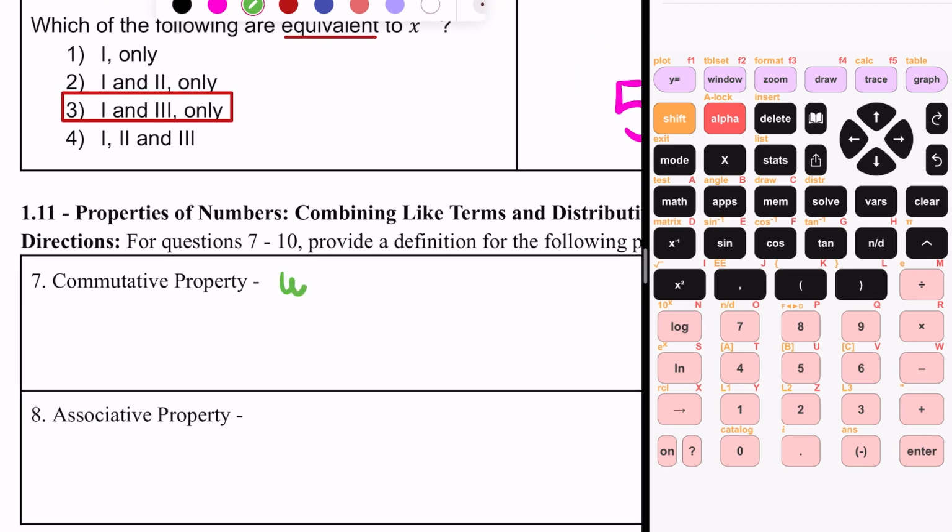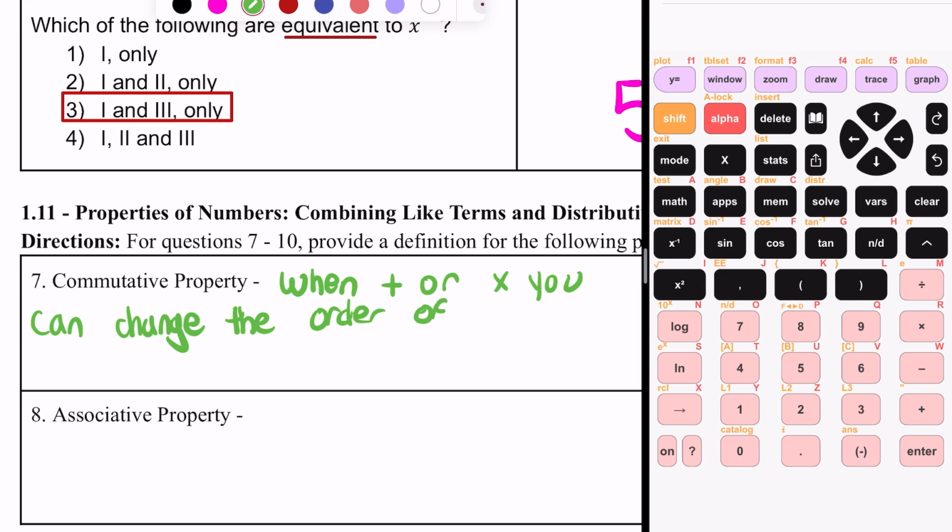Commutative property says, when adding or multiplying, you can change the order of the numbers and get the same answer.